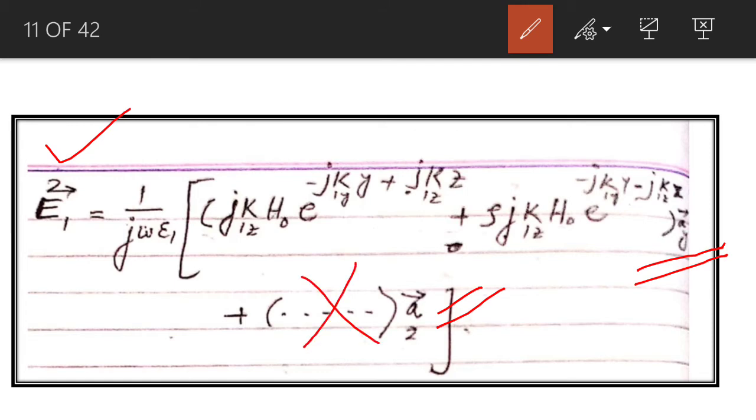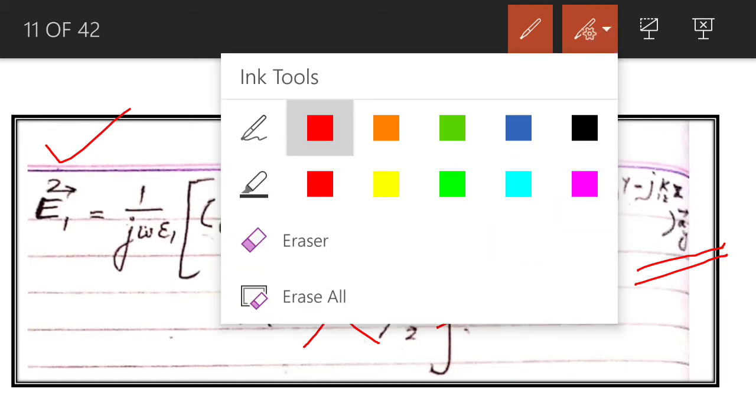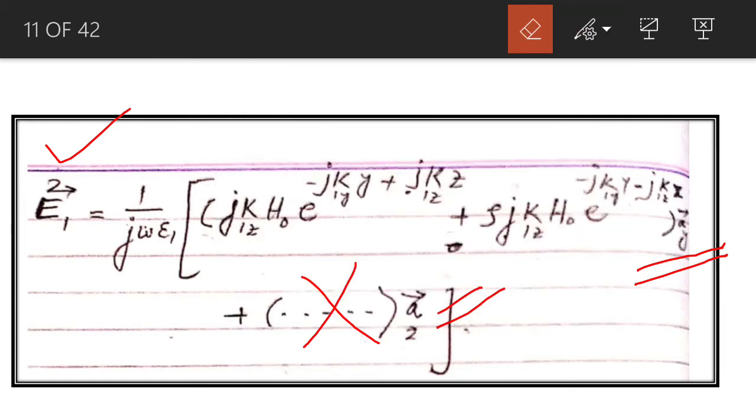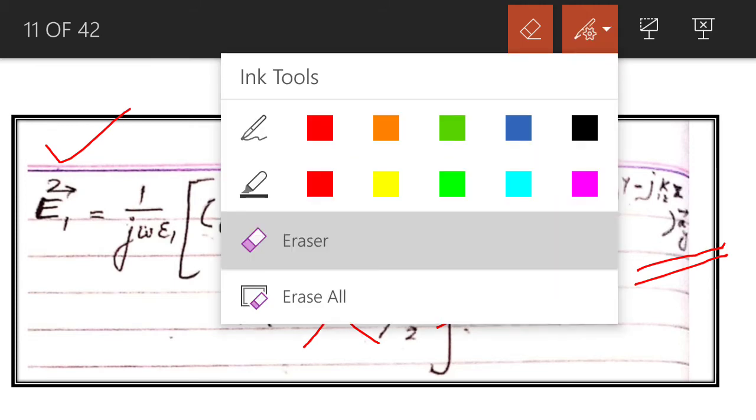We are not interested in the normal component of the total electric field intensity in medium number 1, so we just consider the component which is tangential to the interface. So let us consider the equation which is tangential to the interface.